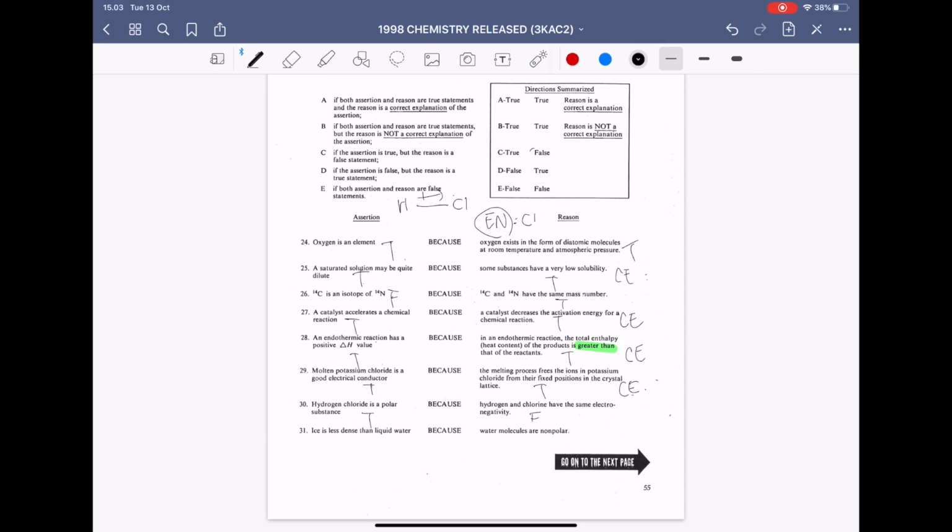And the definition for electronegativity is the affinity an atom has for an electron. So basically it means, if an element or an ion has high electronegativity, so high EN, that equals wanting electrons.